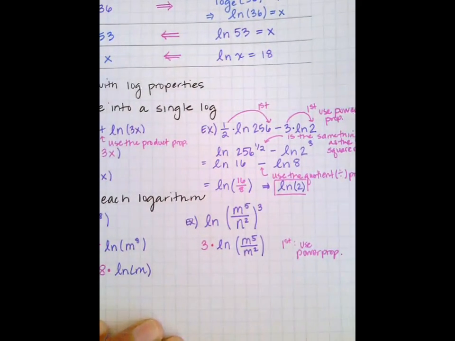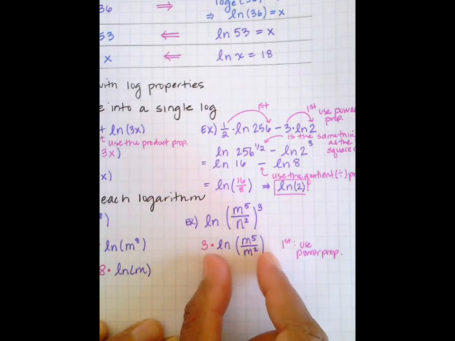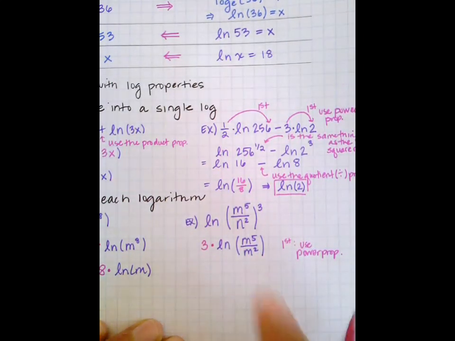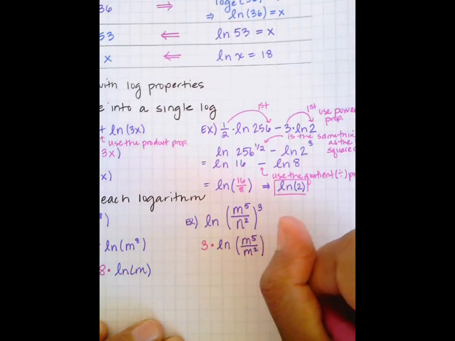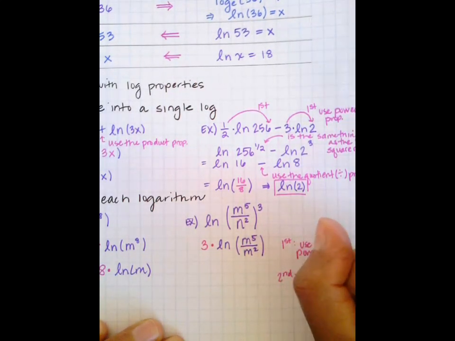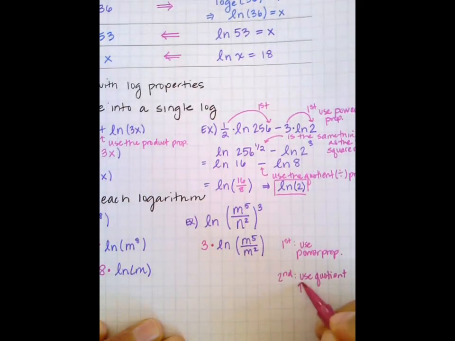The next step that I will do, and I have to be careful, is that this 3 is going to apply to that entire quantity. So I'm going to use the quotient property next because I see a division problem here. Second, we'll use the quotient property of logarithms to rewrite this.